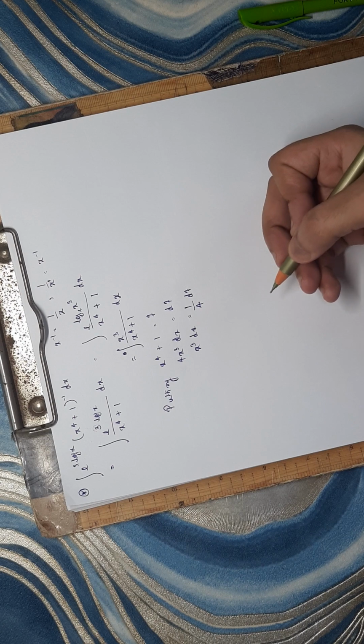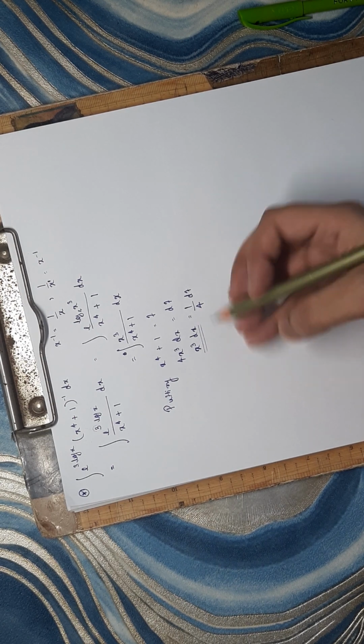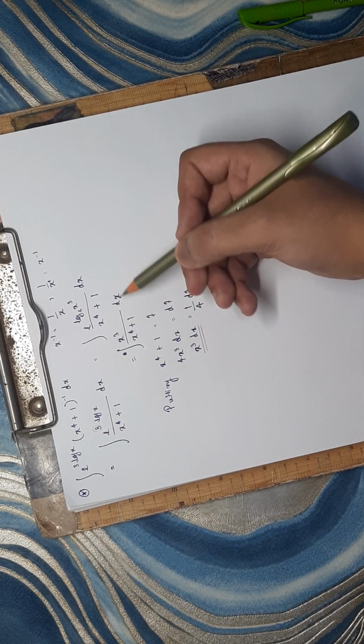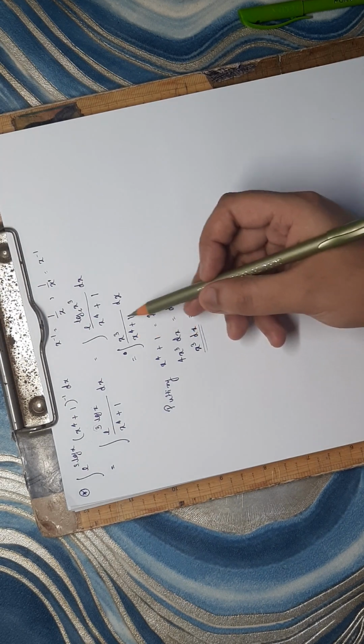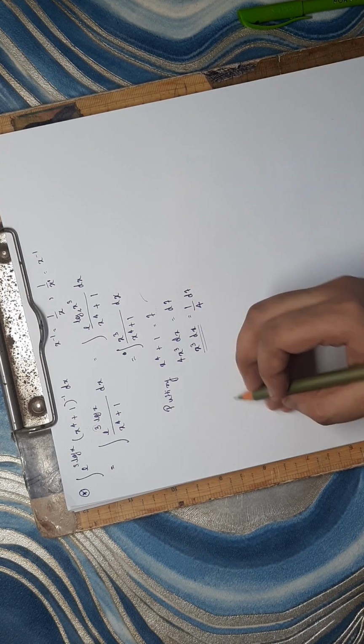This 4 has to come in the denominator because I'll be replacing this. So in place of x cube dx, I can replace that by 1 by 4 dt, and I'll replace x to the power 4 plus 1 by t as mentioned here.